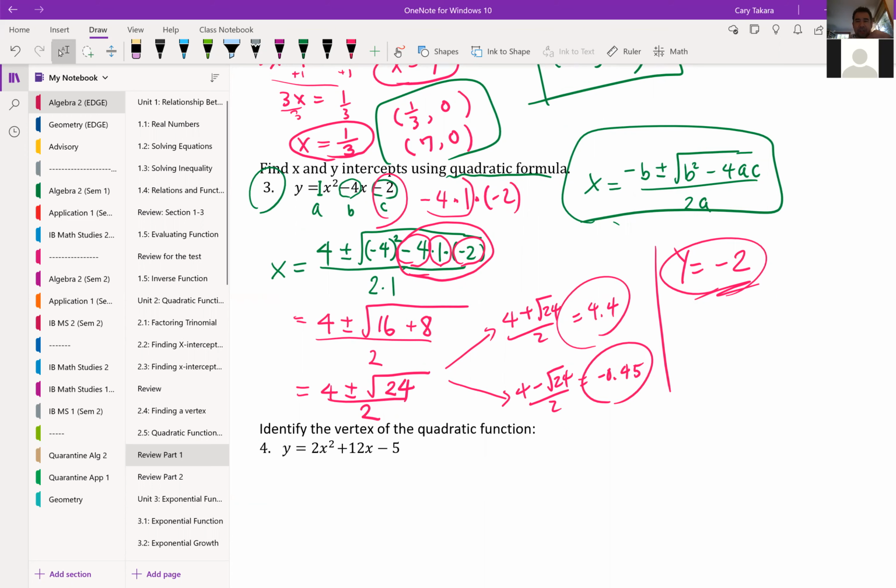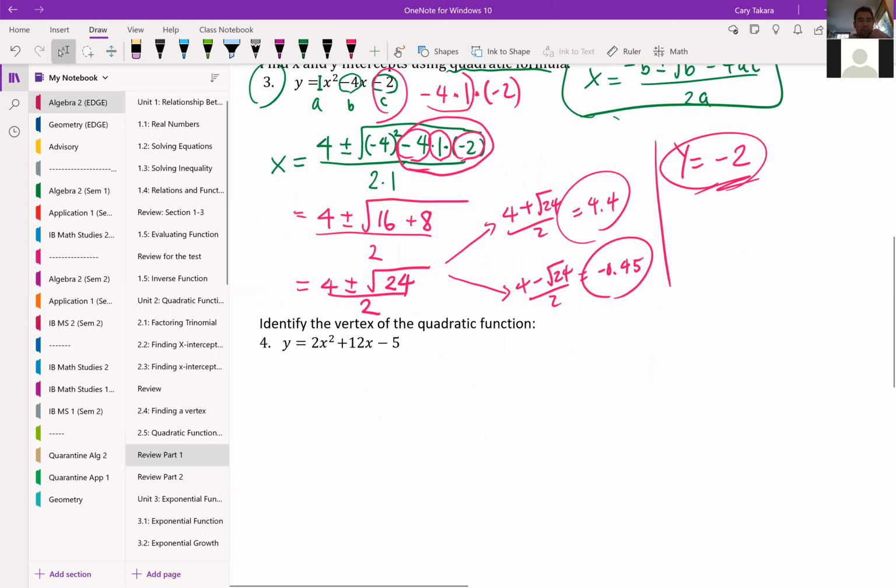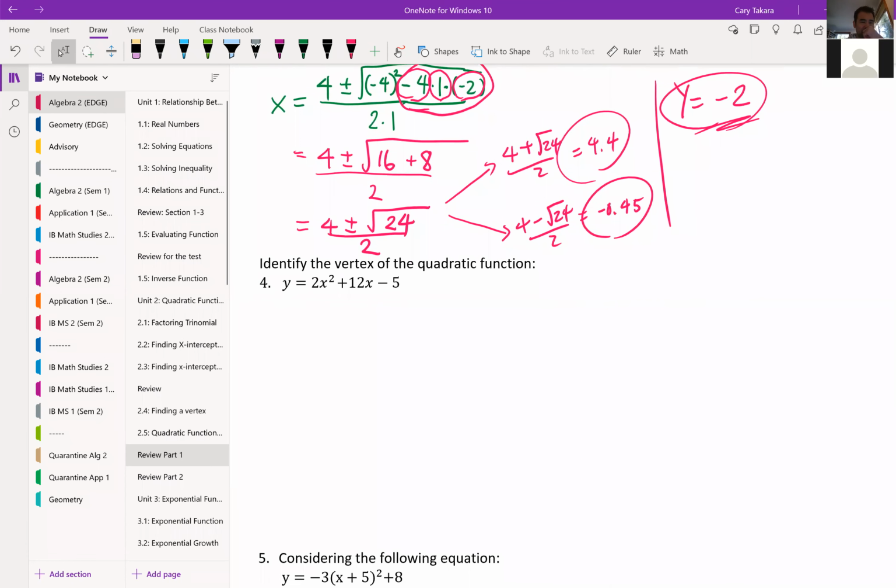Okay, very good. Let's move on. Number 4. Identifying the vertex.